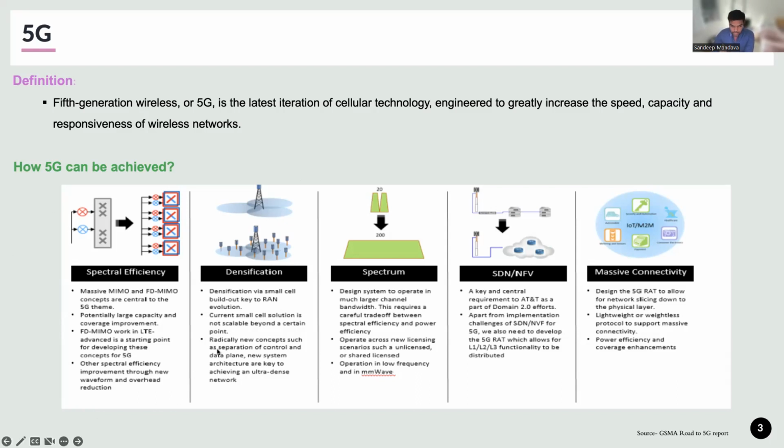And densification enables more devices. For example, at least a few of you might have faced a situation where, oh, all lines are busy when you're trying to reach out to someone. Or you stop getting data at some point.